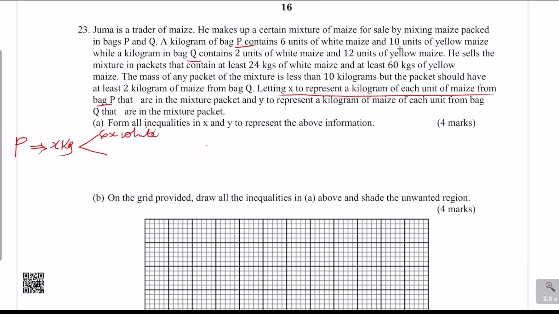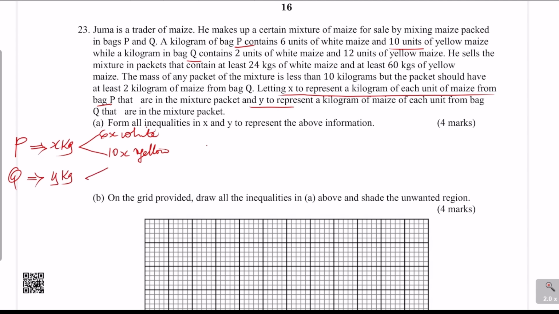Then for the yellow, we have 10 units. Remember, kilograms of each unit is X, so this will be 10X. That is for yellow. Then for bag Q, we are letting Y represent a kilogram of maize of each unit. So Y kilogram.